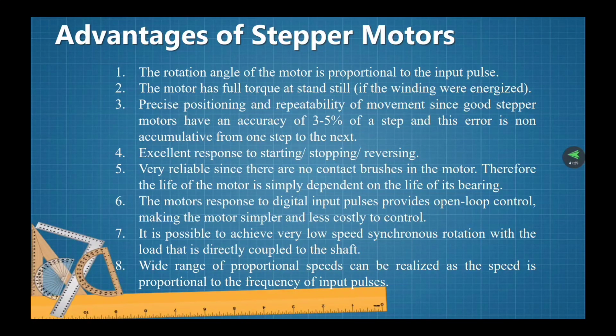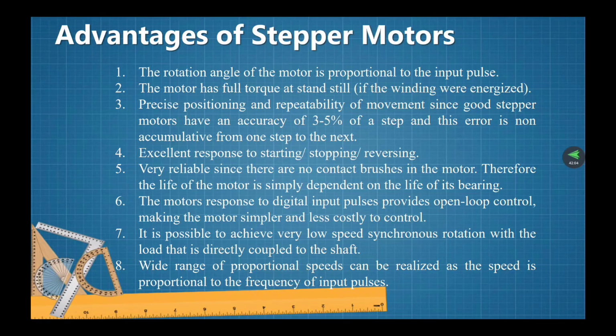First, the advantages: the rotation angle of the motor is proportional to the input pulse. The motor has full torque at standstill if the windings are energized, and precise position and repeatability of movement, since a good stepper motor has an accuracy of 3 up to 5% of a step, and this error is non-cumulative from one step to the next.